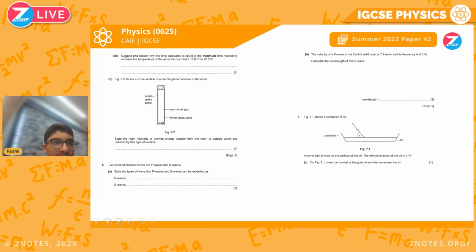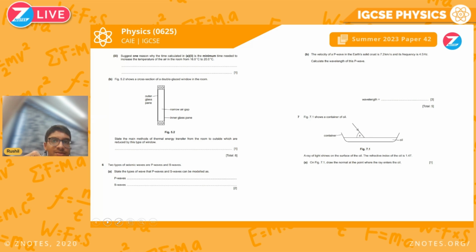Question 3 asks to suggest one reason why the time calculated in A2 is the minimum time needed to increase the temperature of the air in the room from 16 to 20 degrees Celsius. Now, whenever it asks about the minimum time, this is a very regular question. It's basically because either the heater is not 100% efficient, which is normally not the case for heaters. So here we have to say that the heat is not just used for the air. It could be used for surrounding objects.